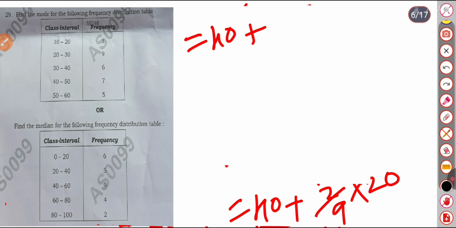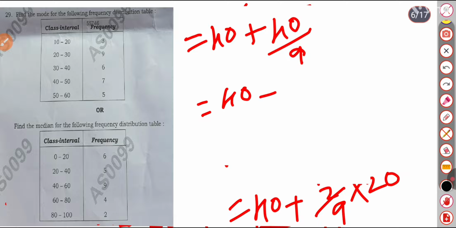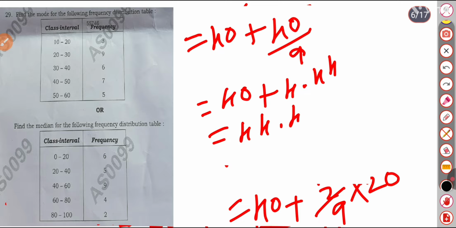So 20 into 2 is 40. 40 by 9 is 4.44. So 40 plus 4.44, total it is 44.44, that is the answer.